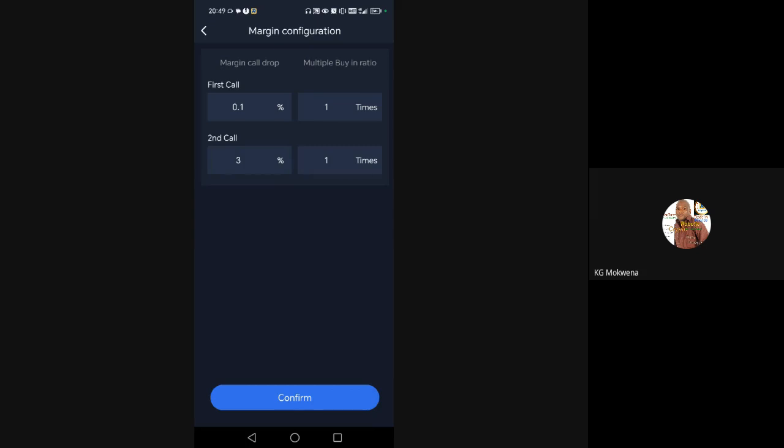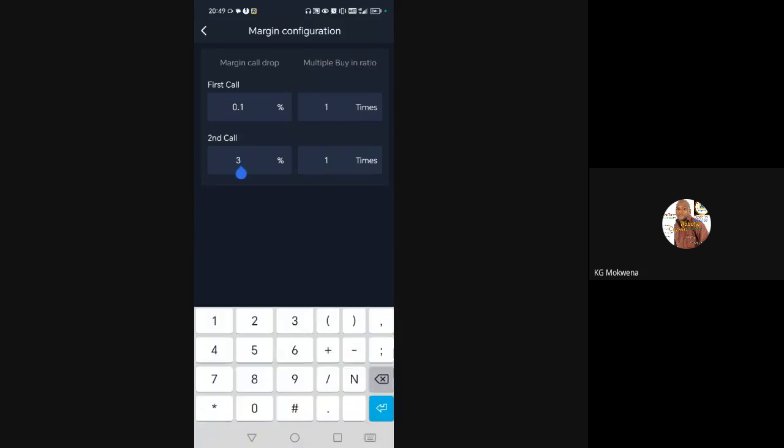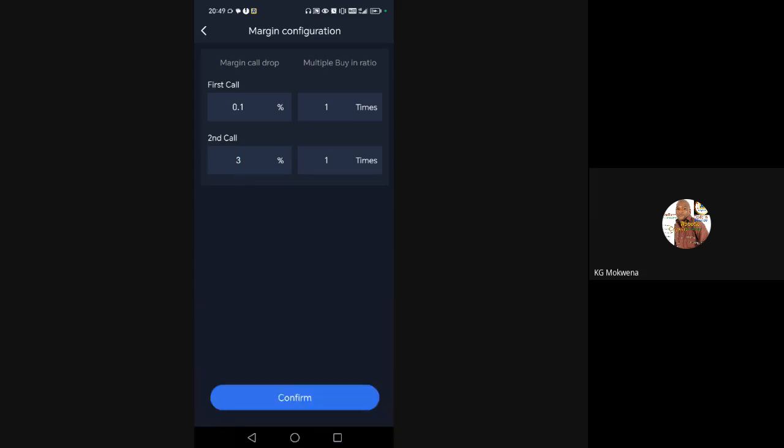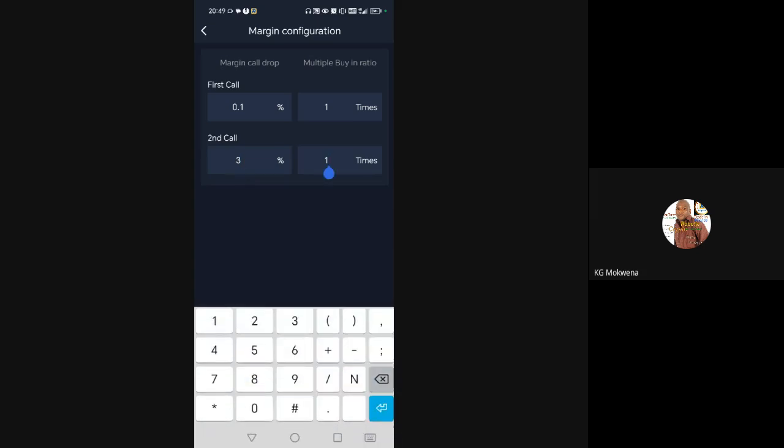Oh, before you confirm them, there's something we are omitting. Call number 2, the second call, make it 1.16. Okay, let's say 1.1, sorry. Just make it 1.1 instead of 3. No, it's on the times.